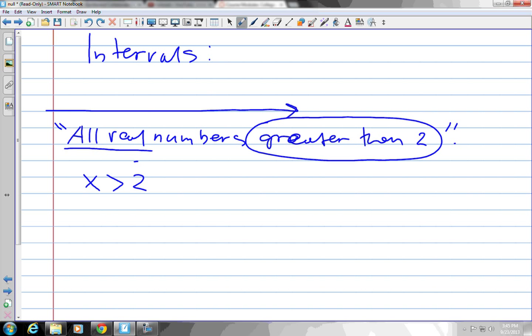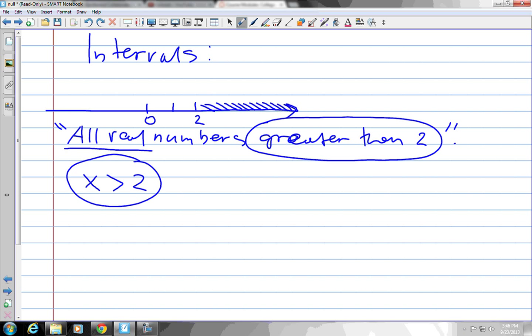So we know the greater than or greater than or equal to notations. But how would I graph this? All x greater than 2 on the number line, provided that this is 0. So I'll pick 2, right? And do I go to the right of 2, to the left of 2? To the right, right? That's the greater part. Now, and this is the important thing, is 2 part of that set?